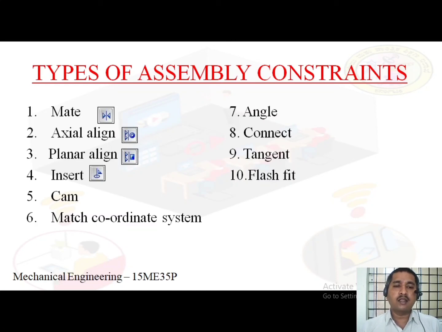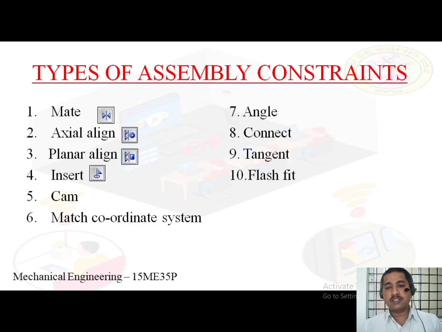The connect relationship is used to connect two parts by selecting a key point with another key point or an edge. The next one is the tangent relationship. The tangent relationship is used to apply tangency between two surfaces. You will be prompted to select the surfaces that need to be tangent to each other.